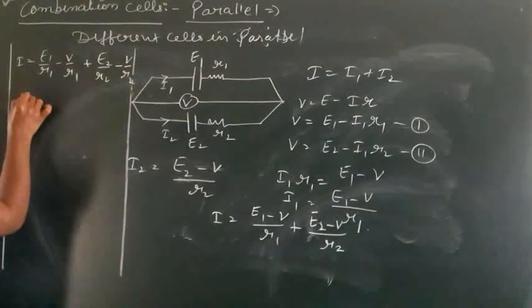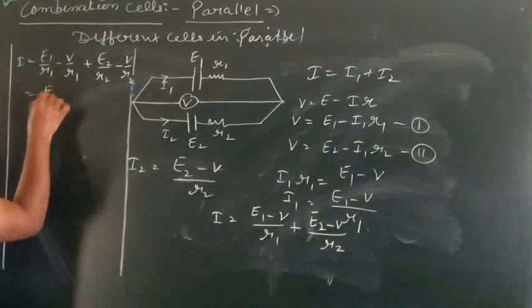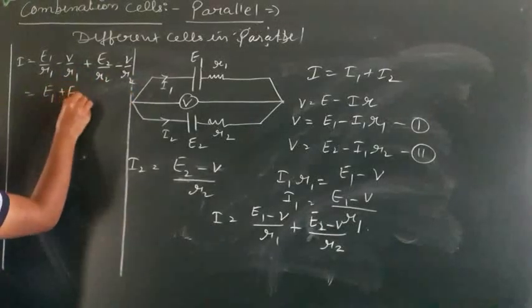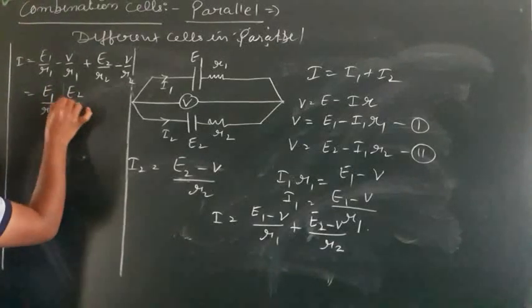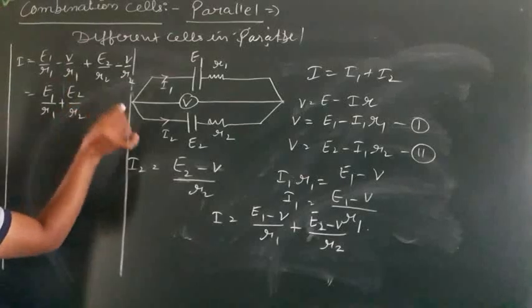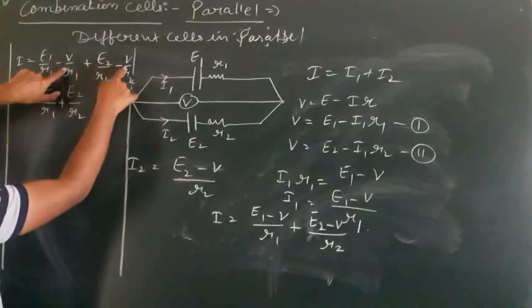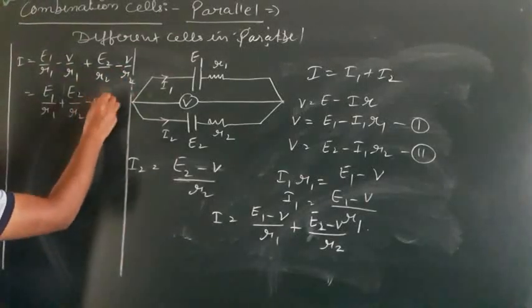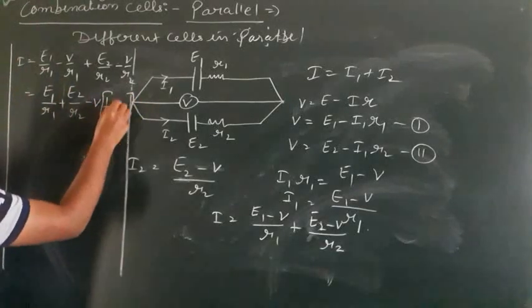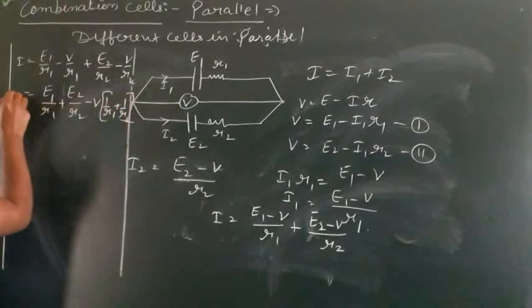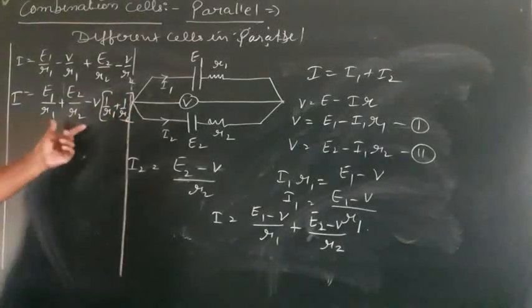Now take the values combined: E1 upon R1 plus E2 upon R2. Now from these two terms take minus V common. If we take minus V common, the inside comes out to be 1 upon R1 plus 1 upon R2, and that is equal to I. So this is the value of I.